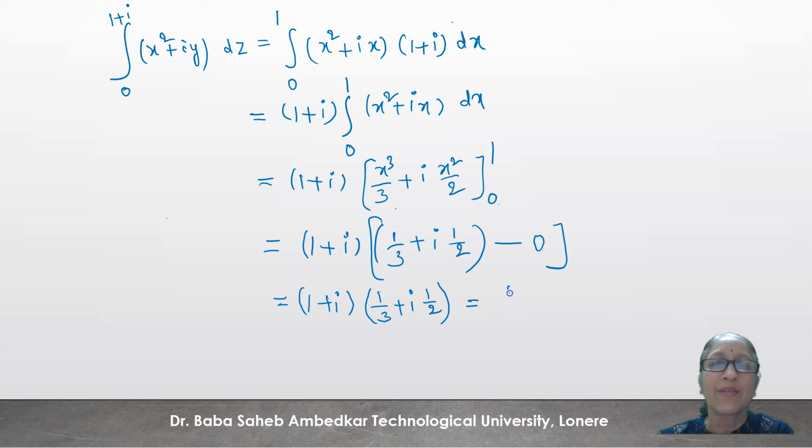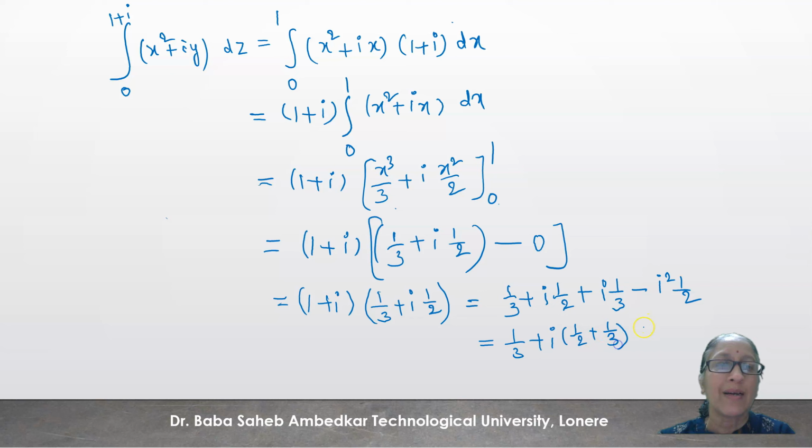If you multiply these two, 1 by 3 plus i into 1 by 2 plus i into 1 by 3 minus i square into 1 by 2. That means here 1 by 3 plus i into 1 by 2 plus 1 by 3 minus here plus i square. Okay, so this is minus 1 by 2, because i square equal to minus 1, you get minus 1 by 2. So 1 by 3 minus 1 by 2.